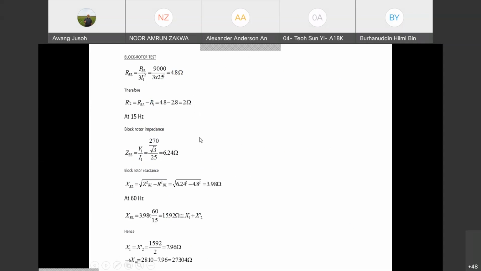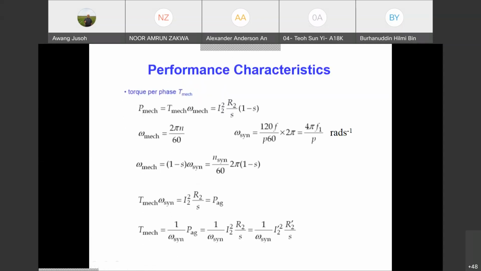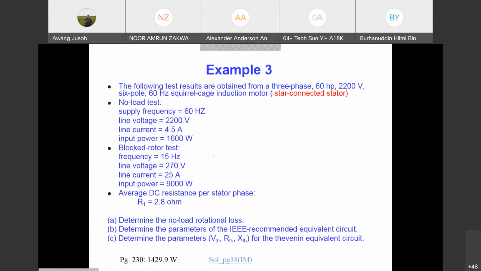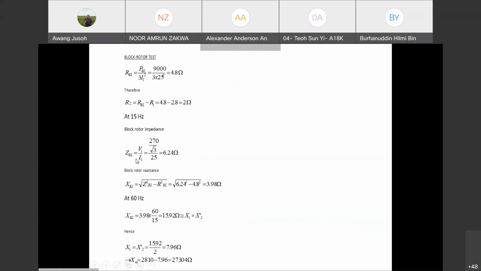Okay, fine. Now we go for the impedance. We do testing at 15 Hz, as mentioned here in the testing. Then we need to find the ZBL, total impedance, so we divide by I1. 270 is a line voltage.